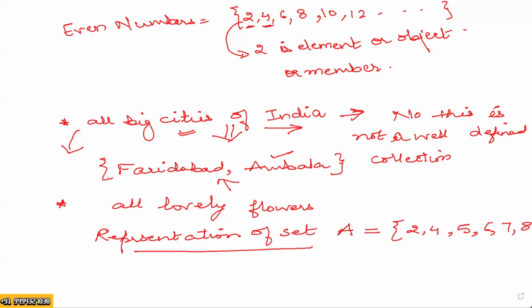All the elements should be enclosed within brackets and separated by commas. In this way, you will represent a set. Clear, children? Show me your thumbs up if you all have understood.